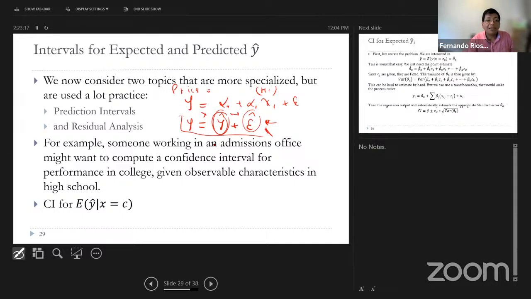So let's say that you are asked to estimate a model in which somebody's asking you to estimate the potential performance in college. So we're going to call it college GPA. And the only information that you have available is their high school GPA and let's say the ACT.